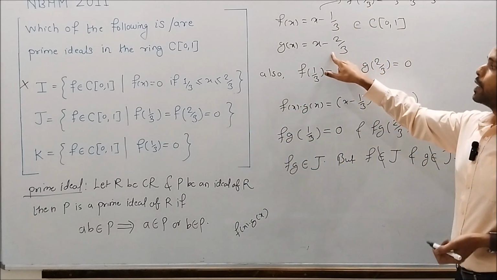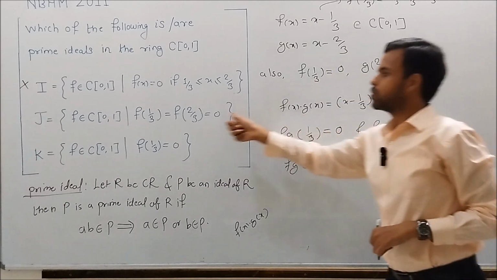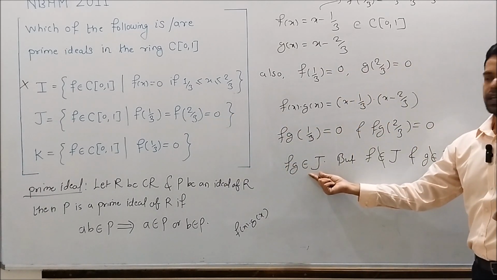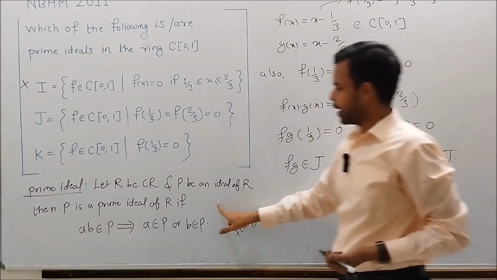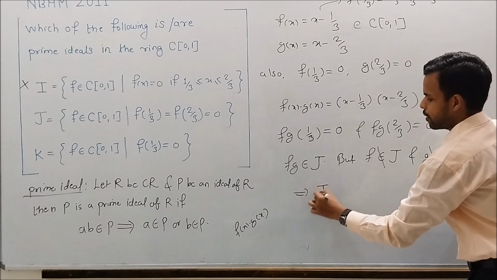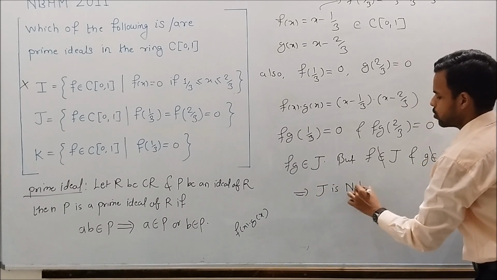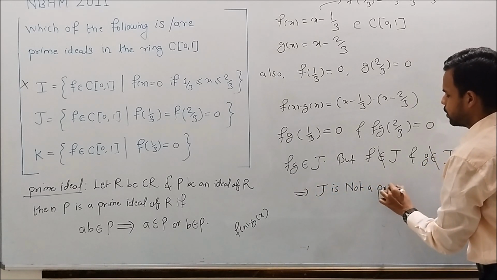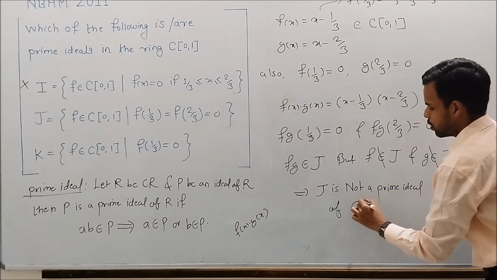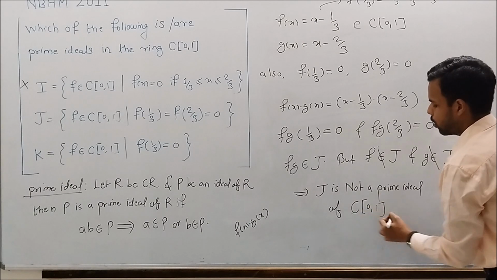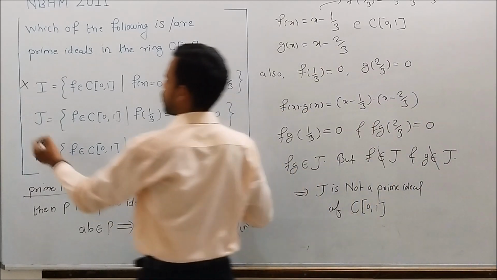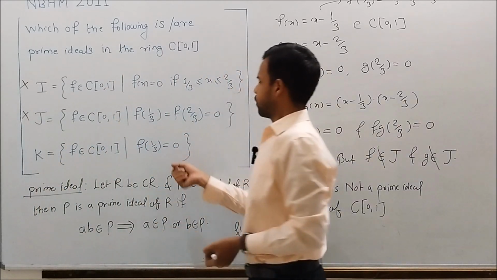Similarly, g(1/3) is not equal to 0, so g does not belong to J, but their product fg belongs to J. So by definition of a prime ideal, we see that J is not a prime ideal of the ring of all continuous functions over the closed interval [0,1].